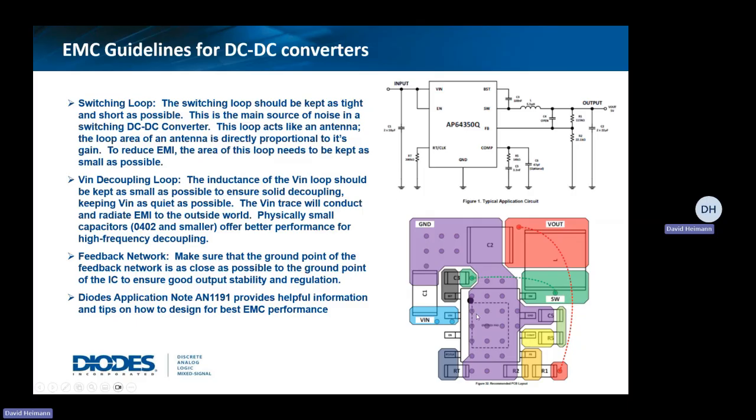We typically like to see the VIN capacitor placed as close to the part as possible, and we want that VIN loop to be as tight as possible too. We put the bypass or input capacitor right here, very close to it and directly into the ground plane. Doing that is going to help with your conducted EMI back out of this part.